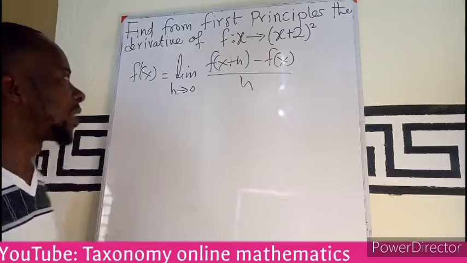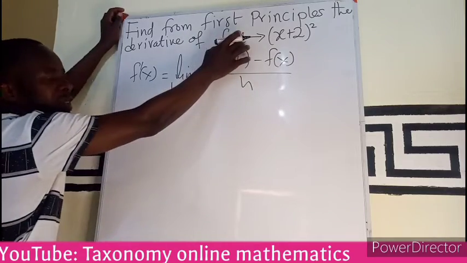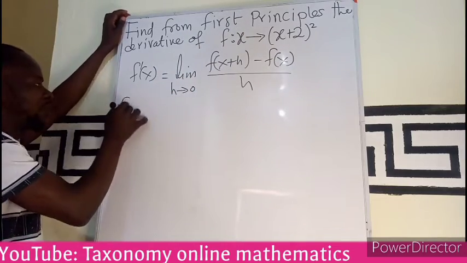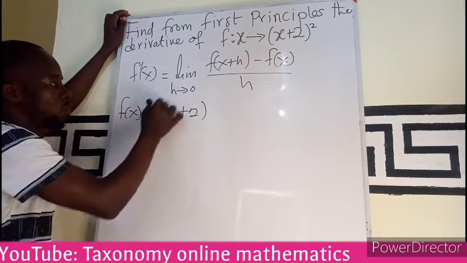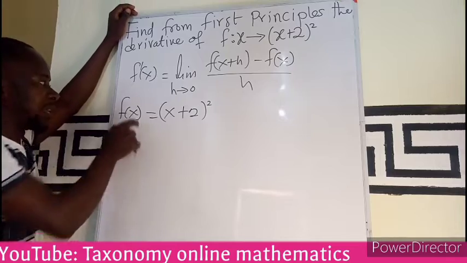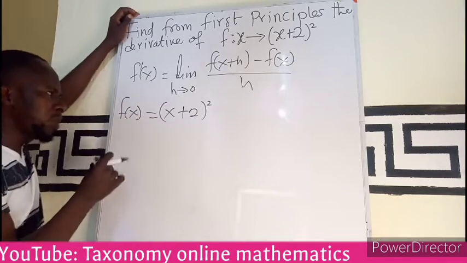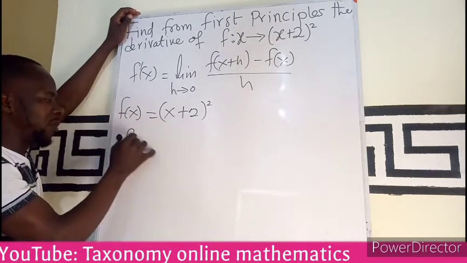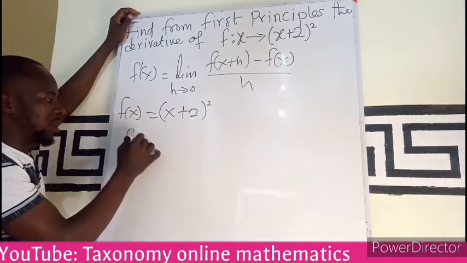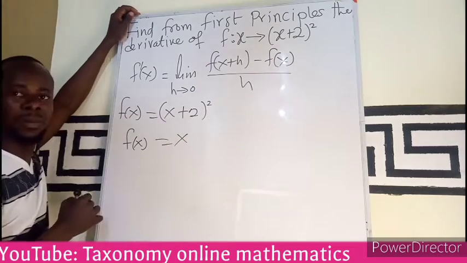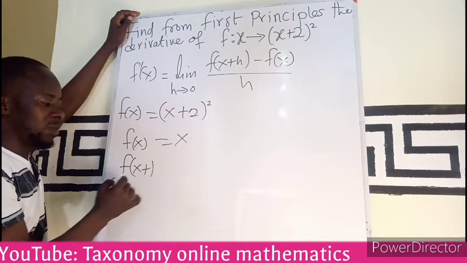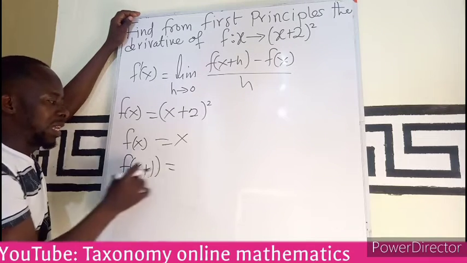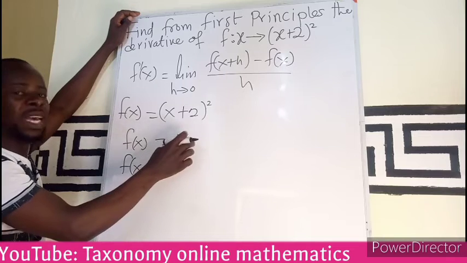So we can start by saying that this is the function. We can have f of x to be x plus 2 all squared. That is the f of x. You can see that if I have f of x equals x, and I'm giving f of x plus 1, it means that this is the f of x that gave me this.